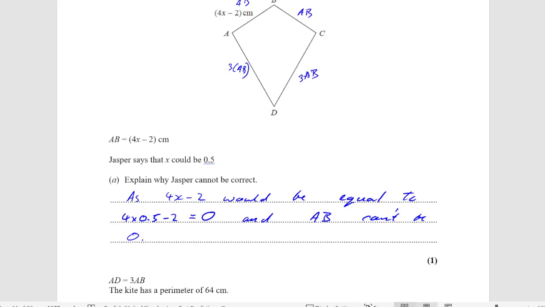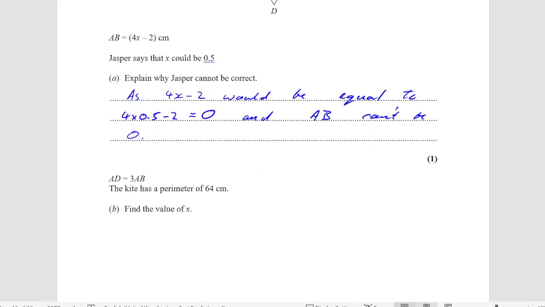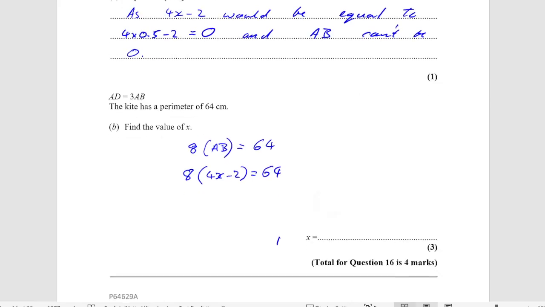So the perimeter is going to be 8AB, which is equal to 64. And we know that AB is equal to 4x minus 2.